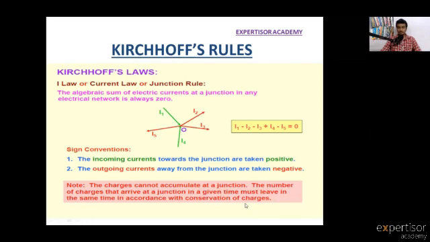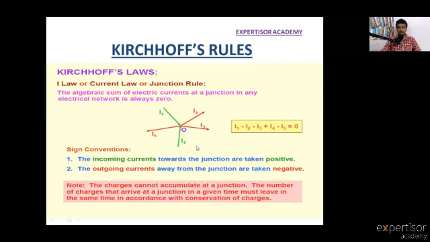Any property, whether it is charge, energy, force, acceleration, velocity, momentum, whatever it is, is not created and not destroyed. This is the conservation law. So simply, Kirchhoff's first rule, the current law, is that the algebraic sum of the electric currents at a junction in any electrical network is always zero.